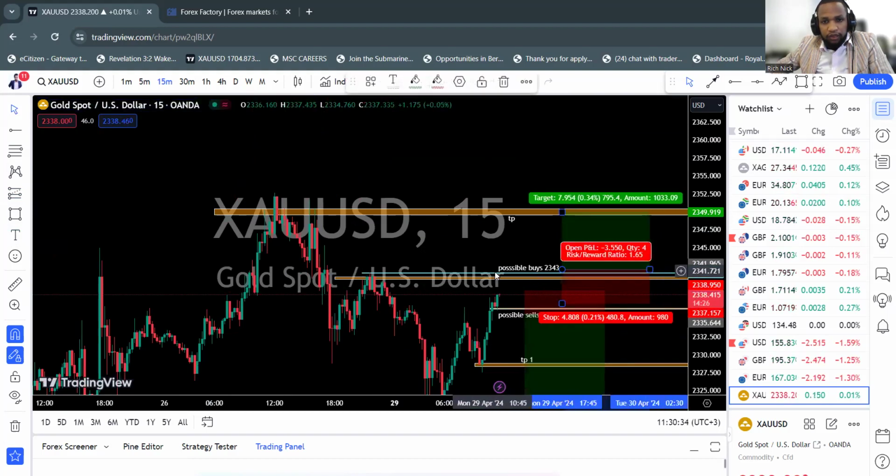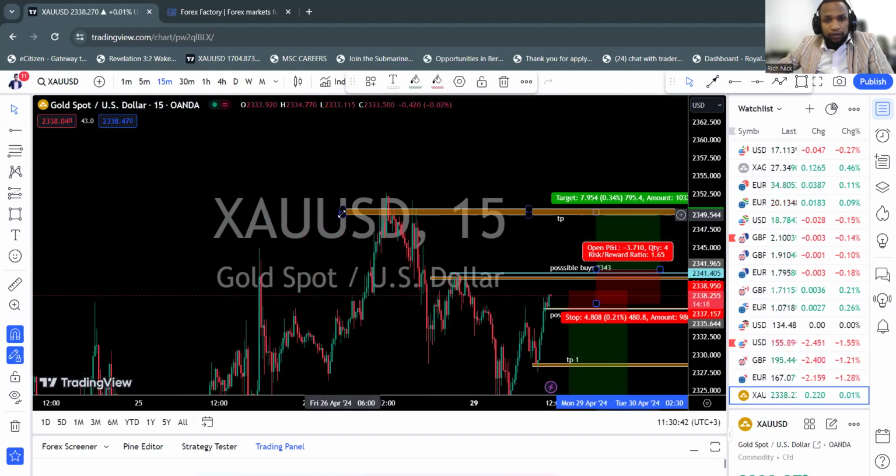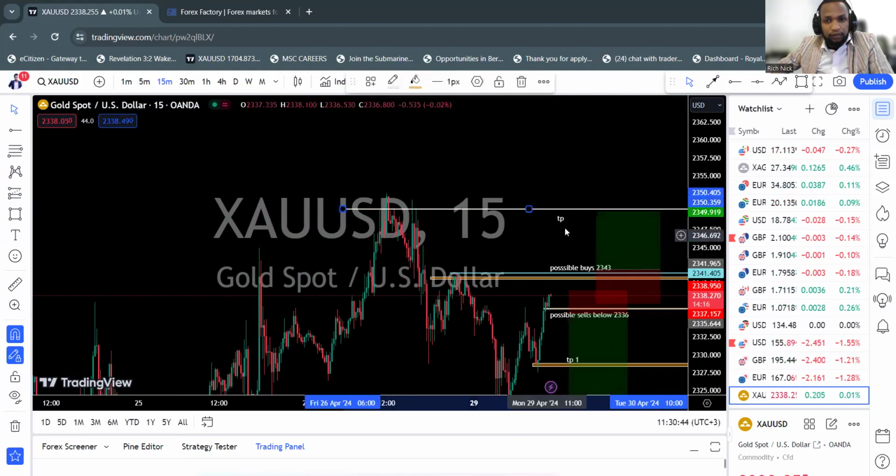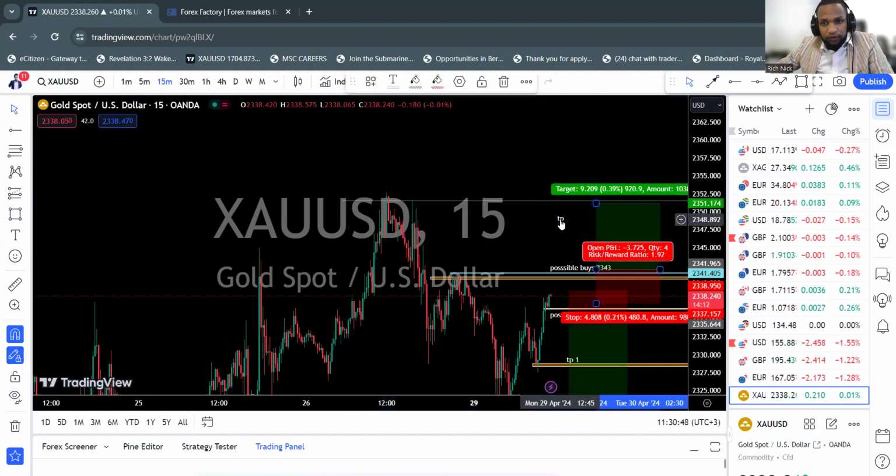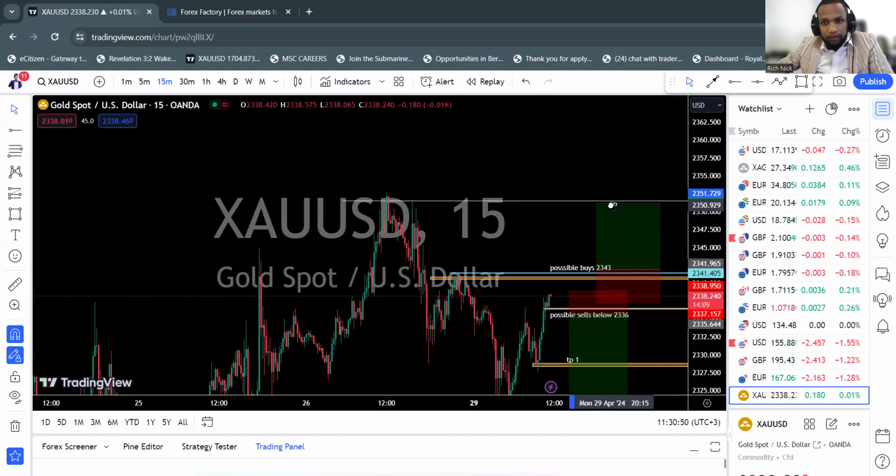We want to have some good pressure to push the market from this point all the way up here, and then probably continue pushing up and up. Let me adjust that to that point. It's a nice area for trade. It's a good area that we can trade.